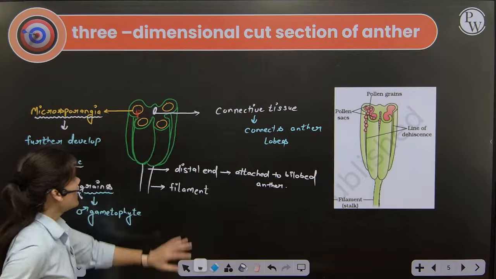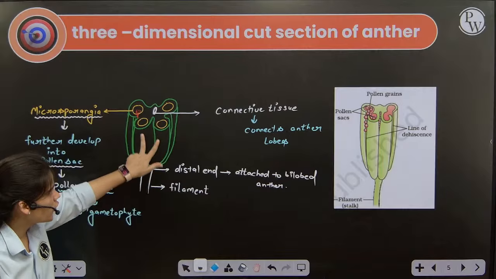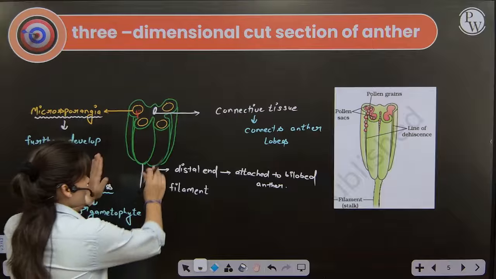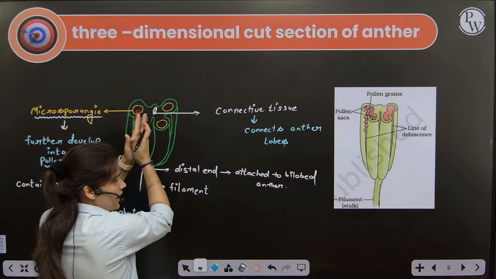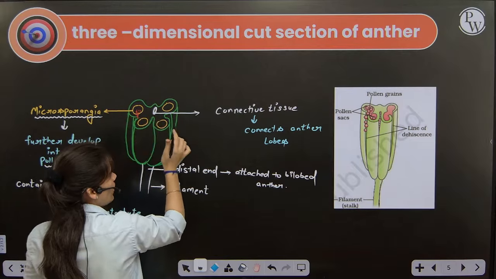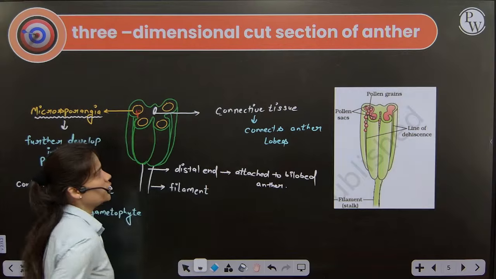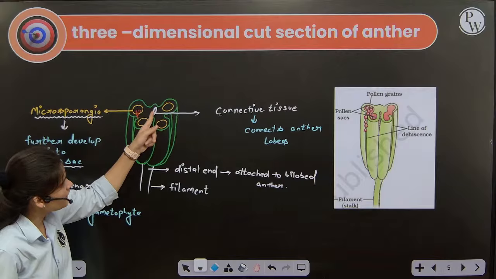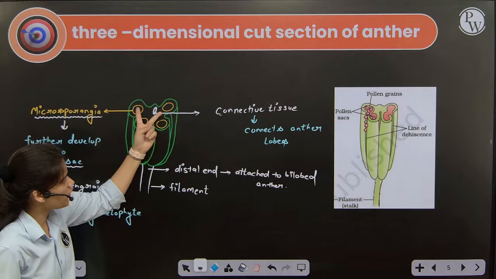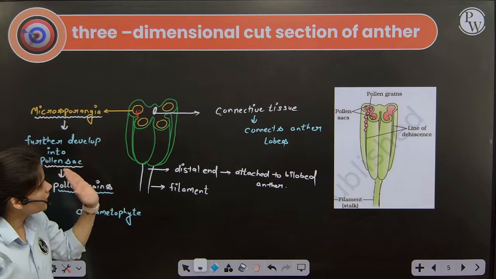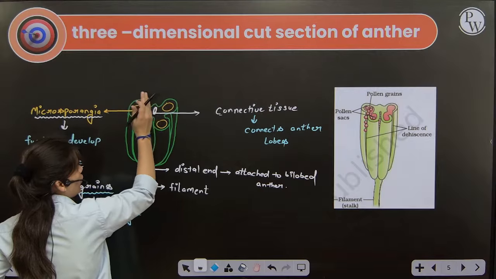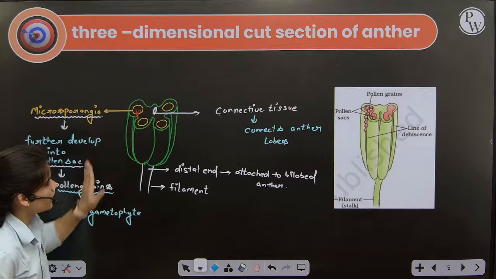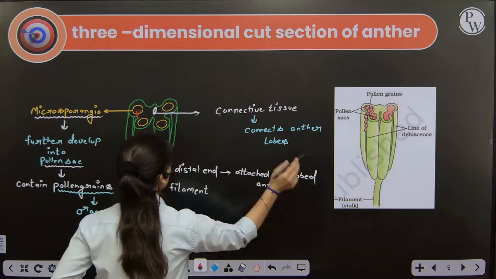Now, these are two lobes of anther. These two lobes are connected together with the help of a tissue, that tissue is known as connective tissue. This connective tissue connects two lobes of anther. Then when we see one lobe, what is present?